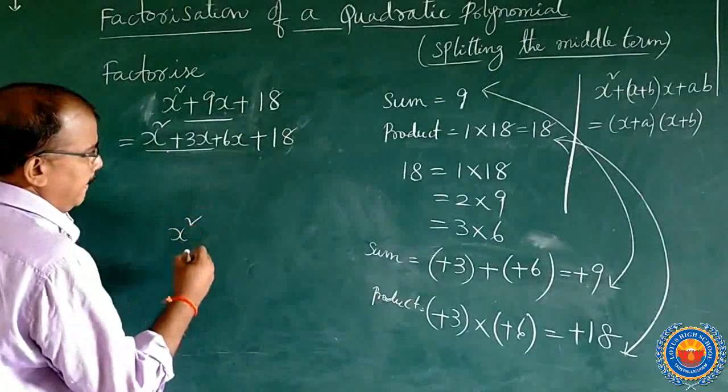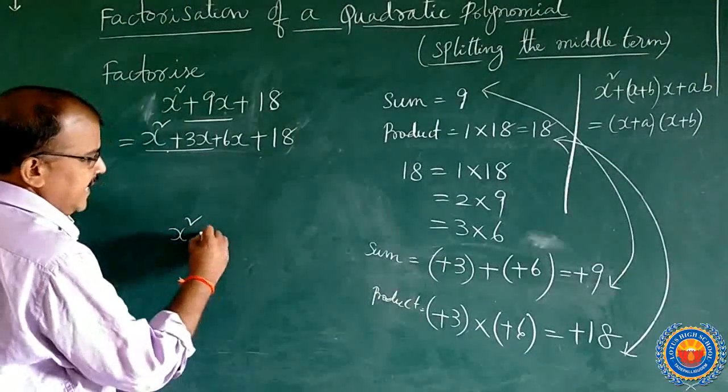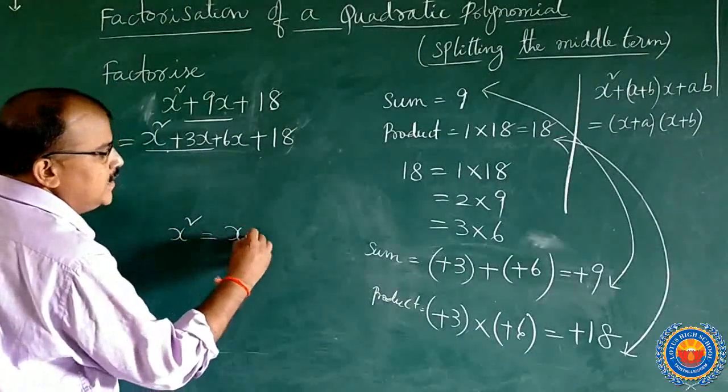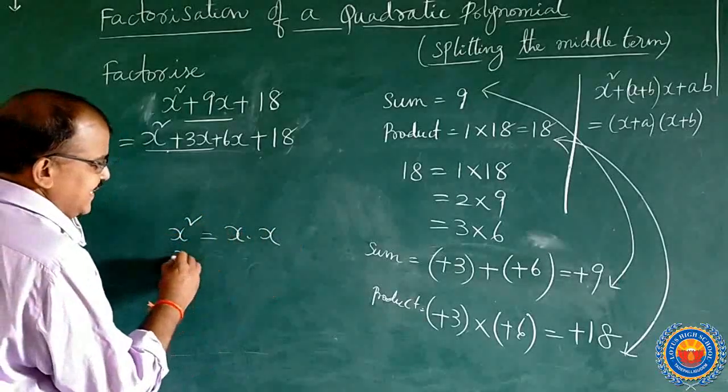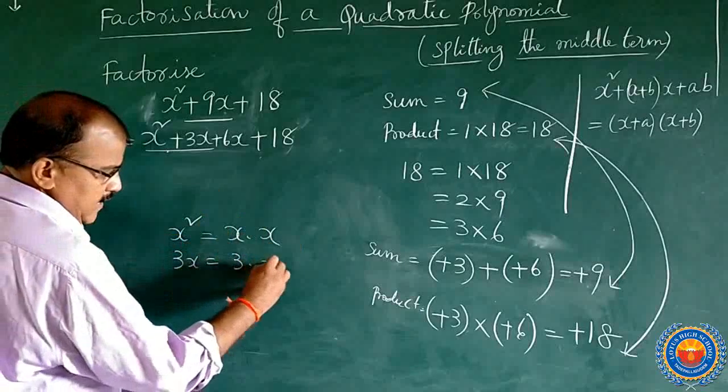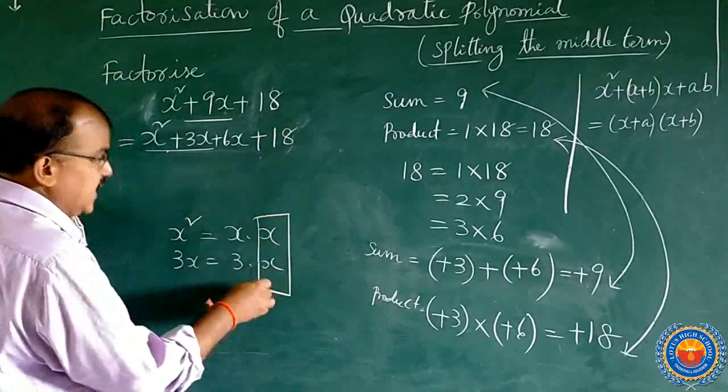x square plus 3x. x square we can write as x into x, and 3x we can write as 3 into x. Which is common? x is common.